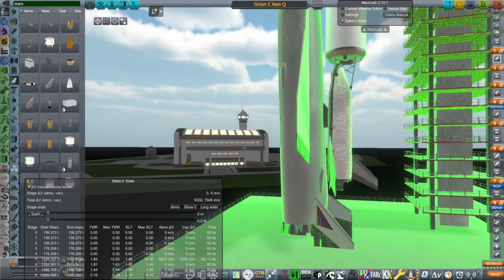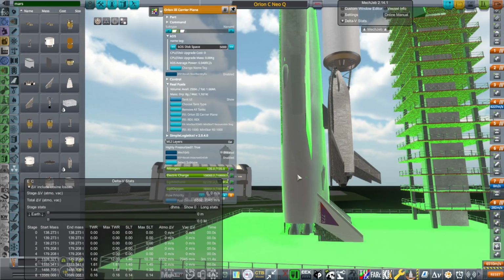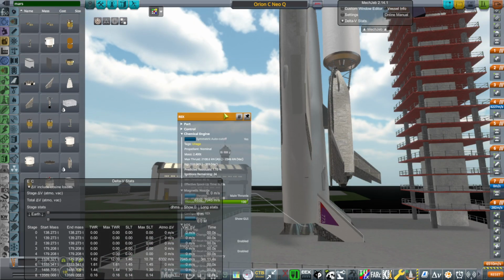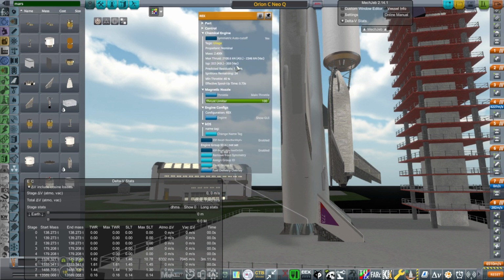But we still use methane and oxygen in the Orion carrier plane. I use my own Rex engines, which have these stats, 2,346 kilonewtons. They're somewhere in between the BE4s and Raptors as far as efficiency is concerned, and they're physically larger than Raptors and heavier, 2.4 tons, whatever it is.